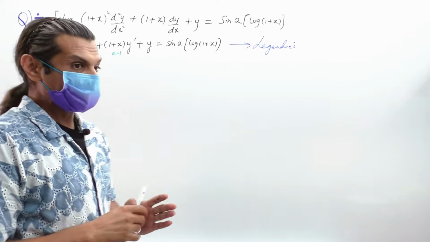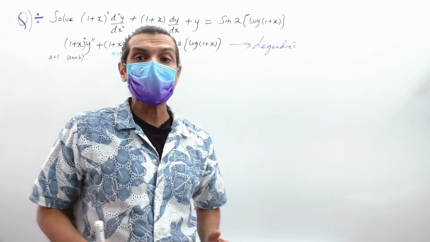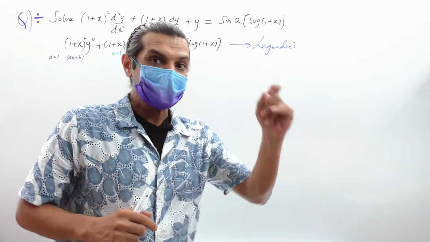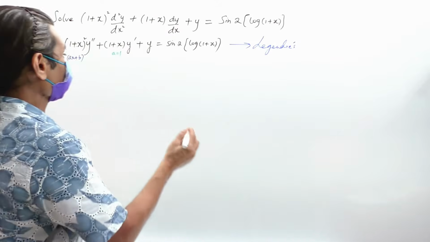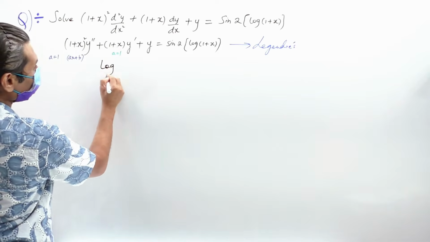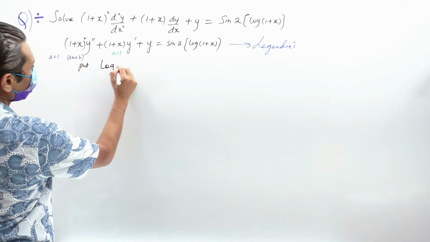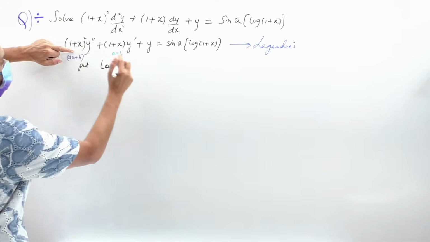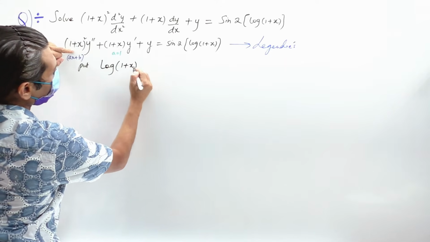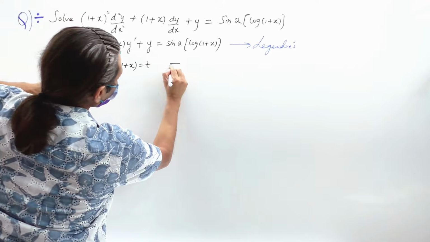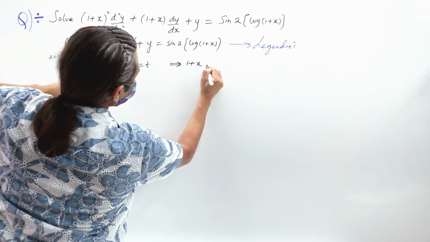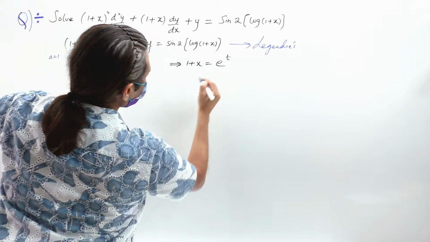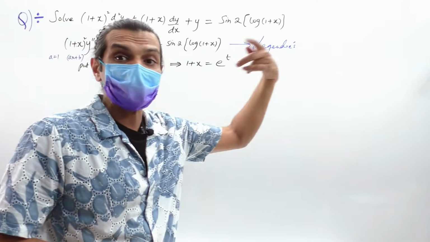According to theory, since I have identified this is Legendre's, the first thing I will do is put log of (ax plus b), which is 1 plus x here. 1 plus x equals t. That implies 1 plus x will be equal to e raised to t, which is used in the RHS.